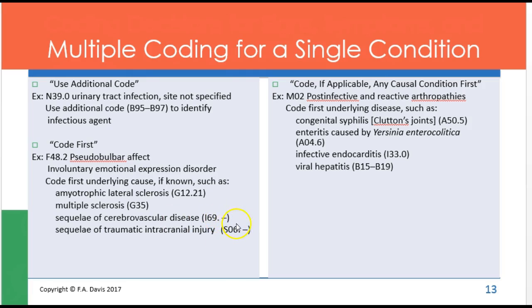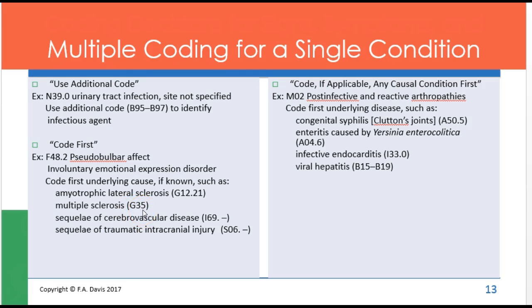And here's where I was mentioning the little dash after the code. That tells you that there's definitely additional digits required. But even like this one that doesn't say that, you still go to the G's and you verify this in the tabular.